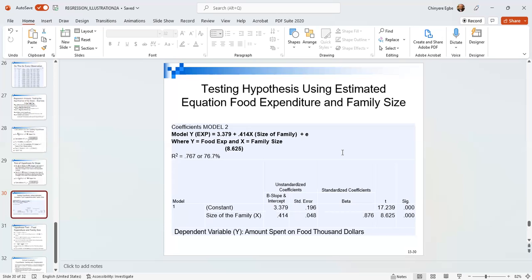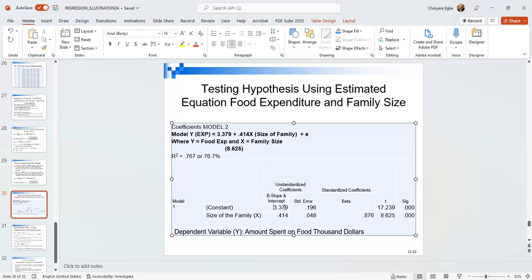Our model, when we did the estimation that we went through, as you can see, we went through an estimation process. And so we have a printout. This printout says that the constant value is 3.379 in the hundreds of dollars.